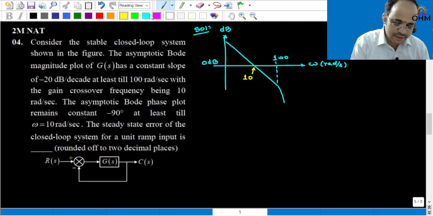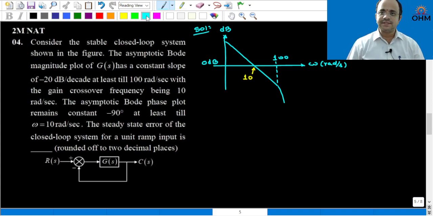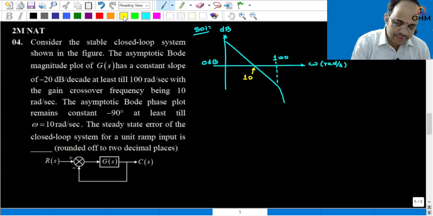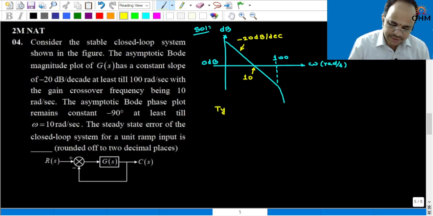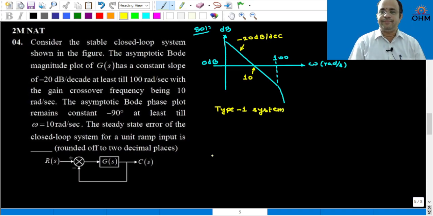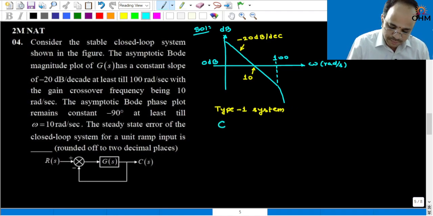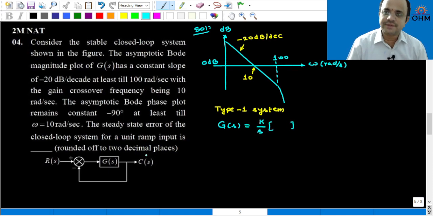Okay. Now the question is, what is the steady state error? By seeing the initial slope of -20 dB per decade, you can say that the given system is a type 1 system. So in this transfer function, G(s) has the structure of K by s into some factors.